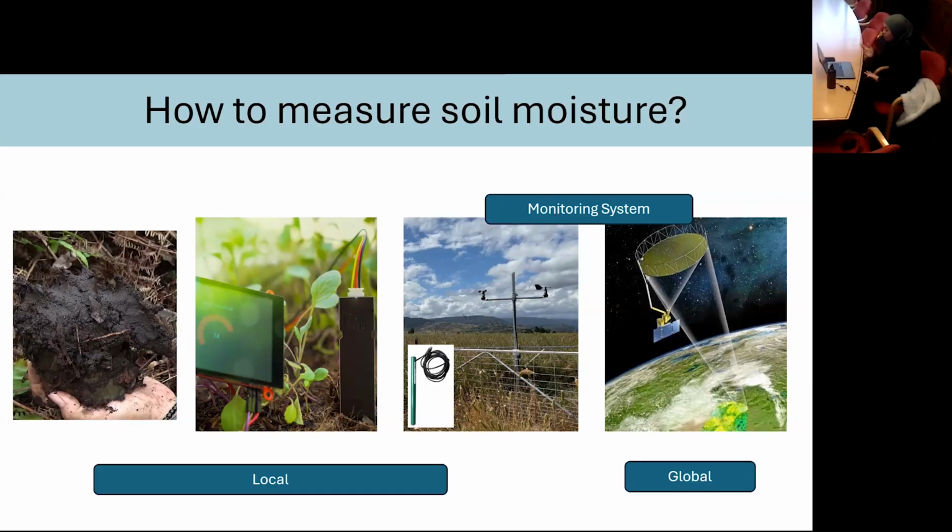The last two ways that I shared with you are a kind of monitoring system, giving you the information of soil moisture over time, so you can have the pattern of the soil moisture over time.